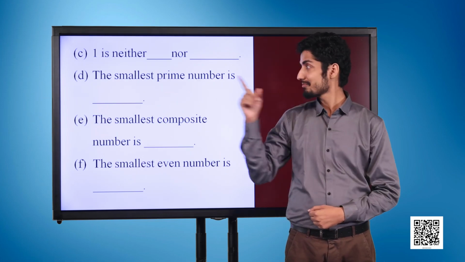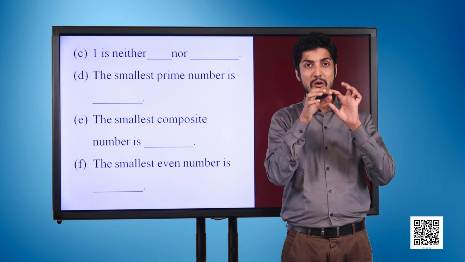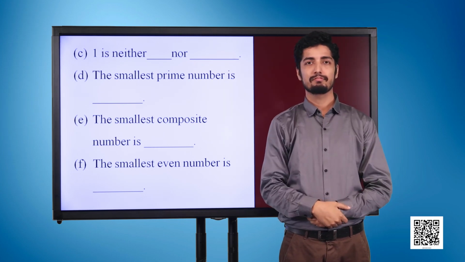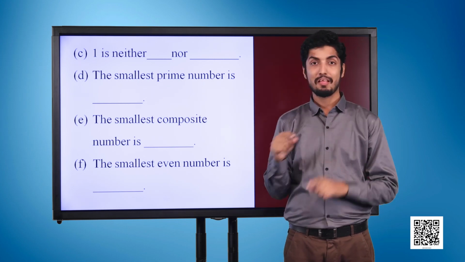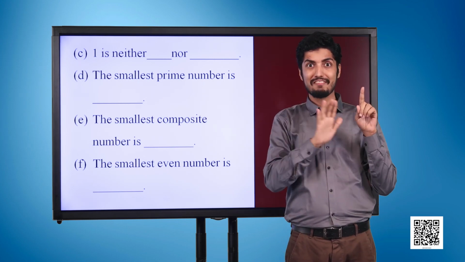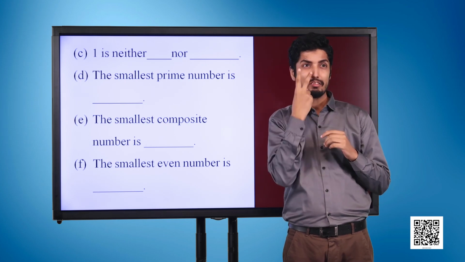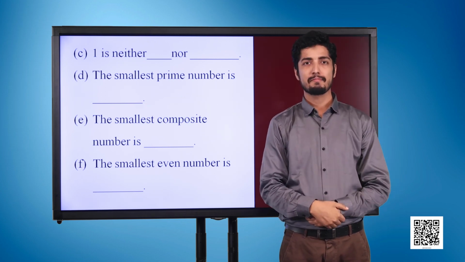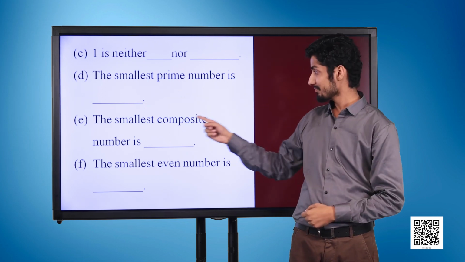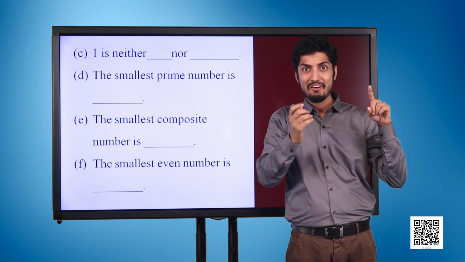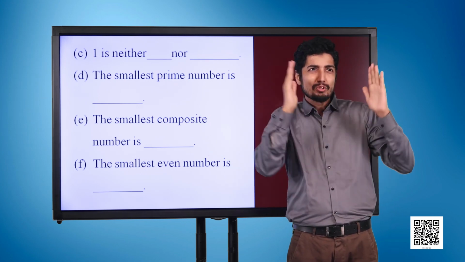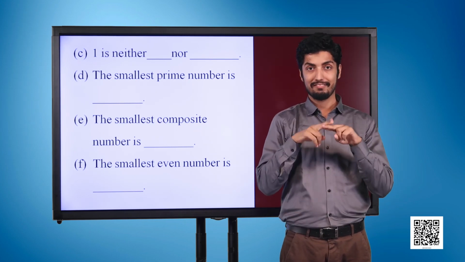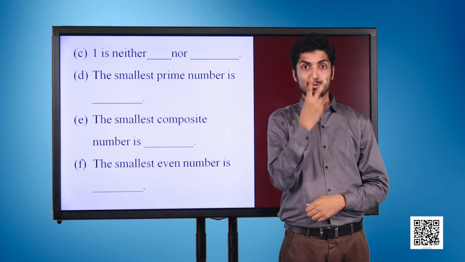C. 1 is neither dash nor dash. D. The smallest prime number is dash. E. The smallest composite number is dash. F. The smallest even number is dash.